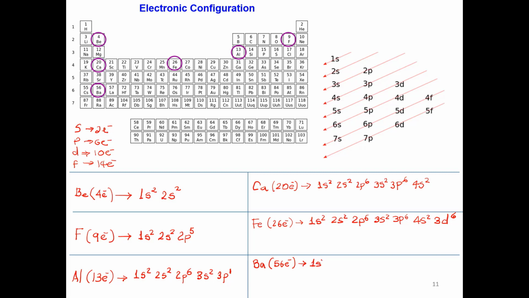Next 2s2. Then will be 2p6. The next will be 3s2. Next will be 3p6. Next 4s2.